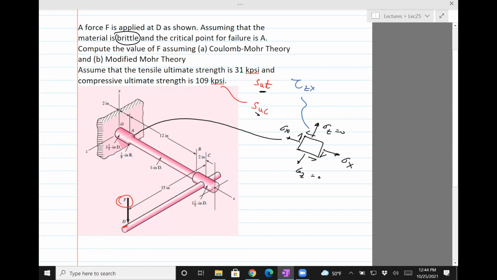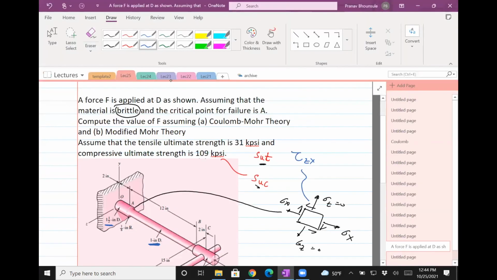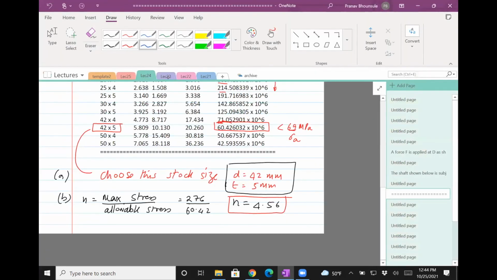And we are also finding the stress on the smaller diameter and not the bigger one, which is 1.5, because the smaller diameter is the one which will break before the bigger one. Another assumption we'll make is there's no stress concentration at A. So I'm just going to copy and paste the values I got earlier, because that part remains the same. That is the stresses at sigma x and tau zx.